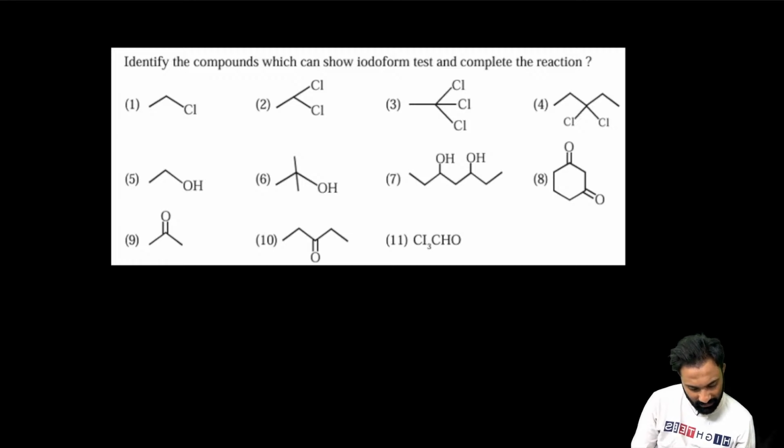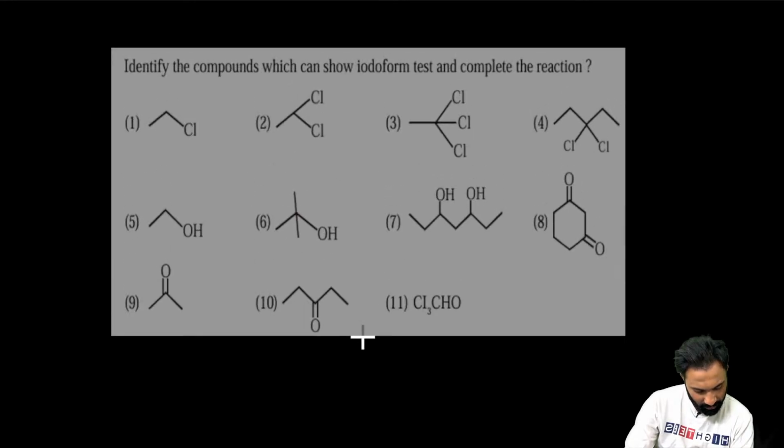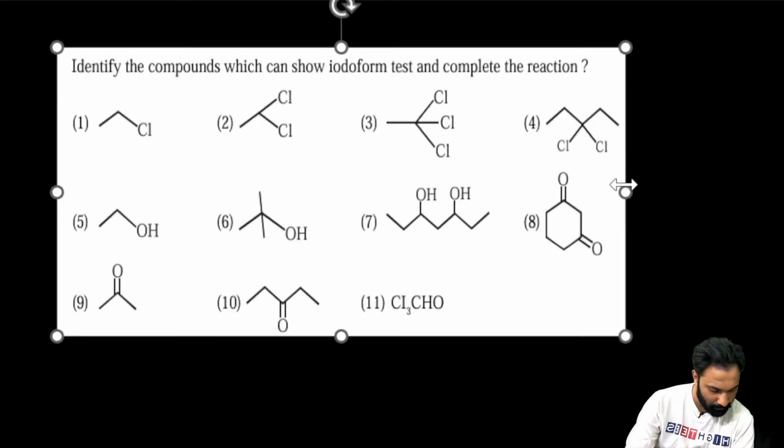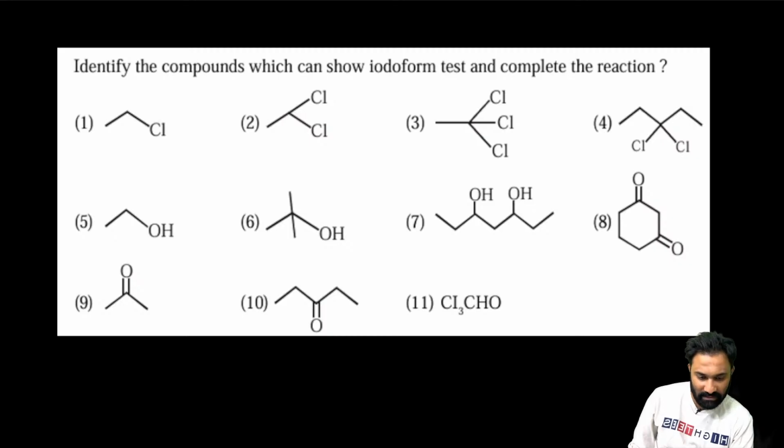Now, identify the compounds which can show the iodoform test, complete the reaction. I mean, which of the following will show the iodoform? Indirectly, it is asking which of the following will show the iodoform.